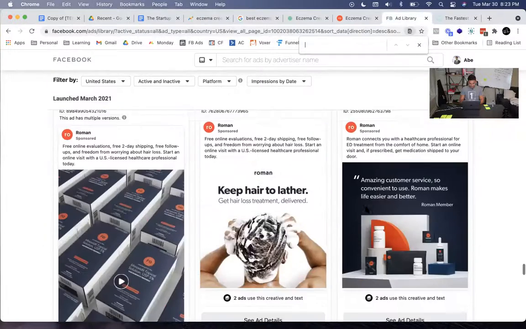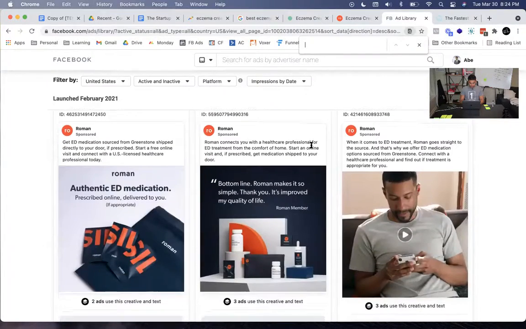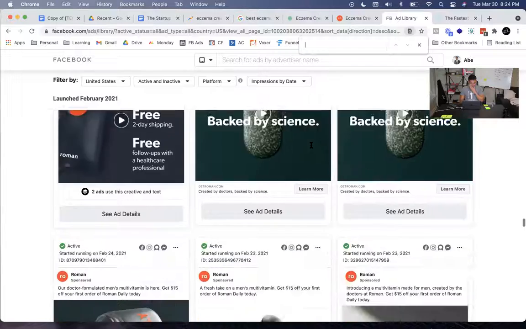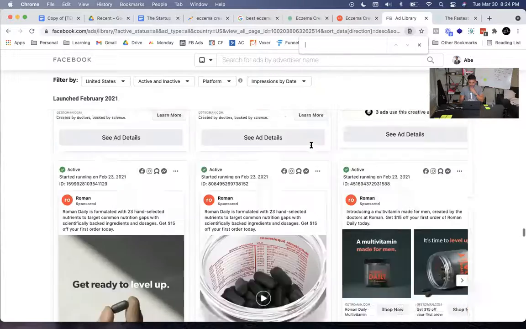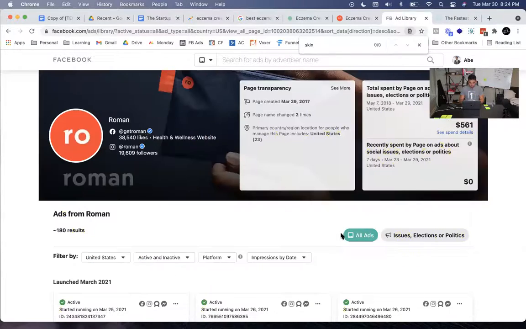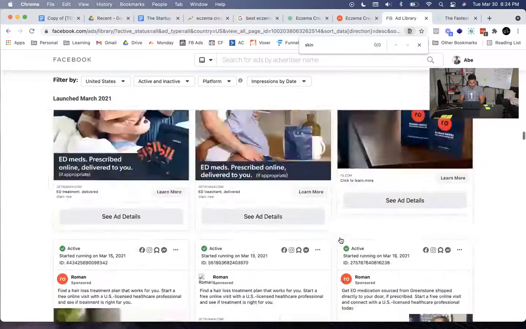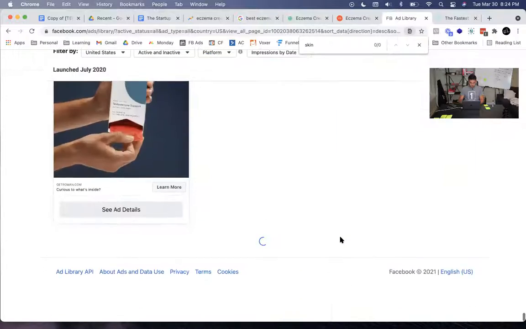All right, let's see, is there anything here that's skin related? If I can't find anything, I'll just find something else. Damn, I guess there's nothing here. They've got 180 results and nothing on skin. That's pretty surprising.